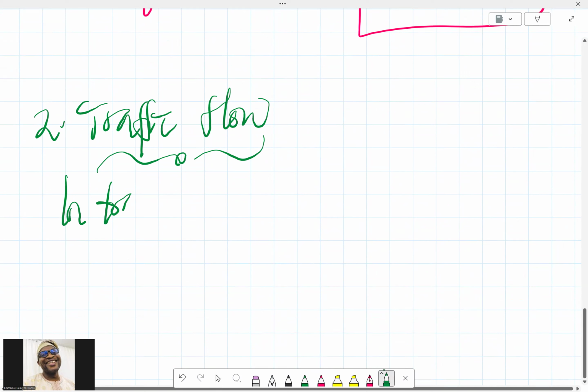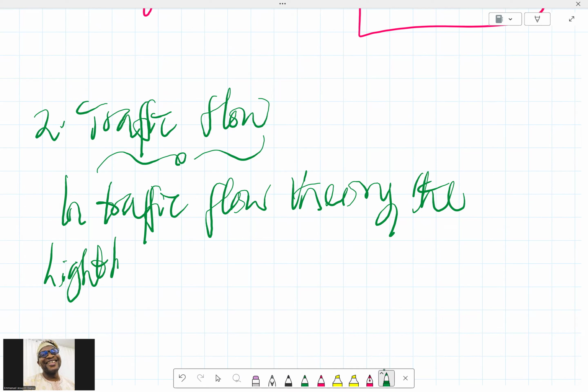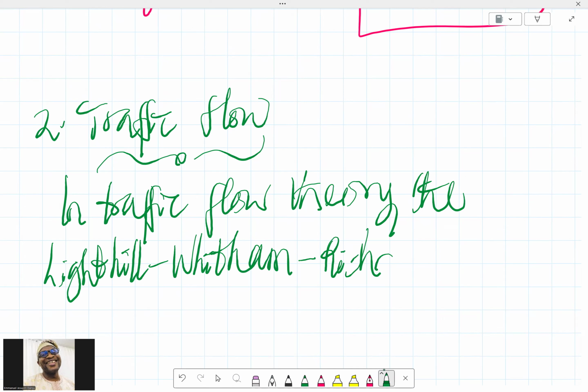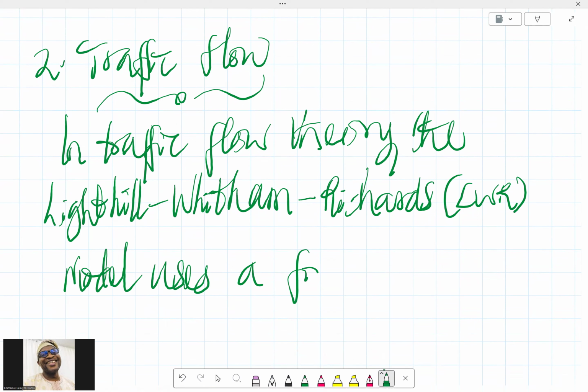In traffic flow theory, there's the Lighthill-Whitham-Richards model, the LWR model.